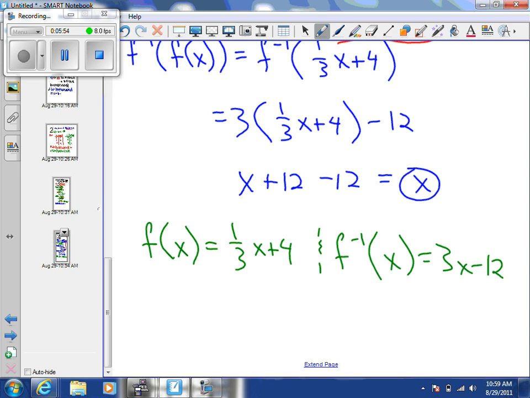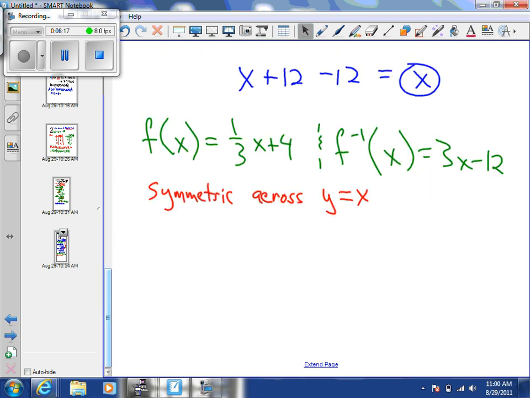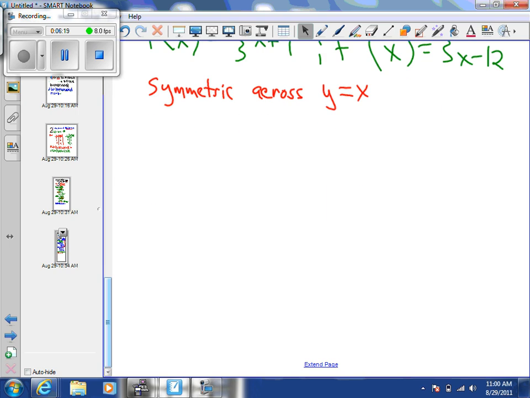I want to talk about the graphs of those two functions. They both are functions. Now, a function and its inverse, the graphs should be symmetric across the line y equals x. I want to demonstrate that with a graph here.